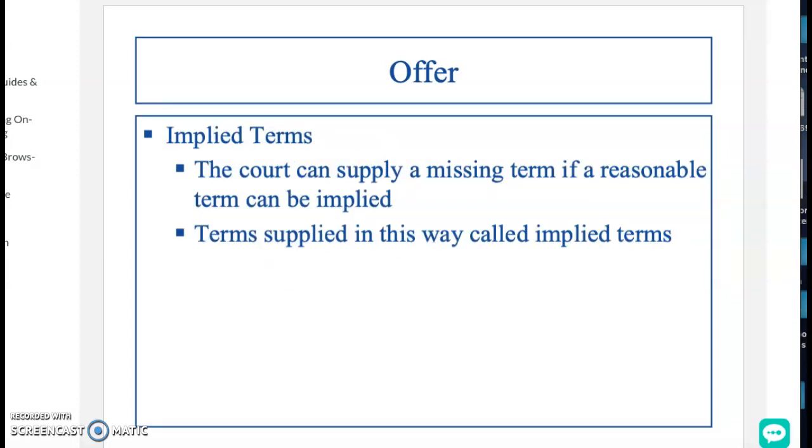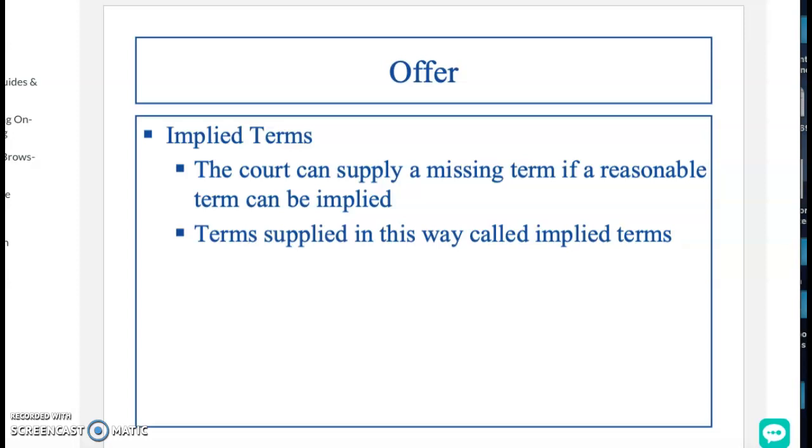Implied terms are where the court steps in and can supply missing terms if a reasonable term can be implied. Okay? Terms supplied in that way are called implied. So you say, I am selling my 1995 vehicle for $5,000. And you own 2 vehicles, but only one of them is a 1995.